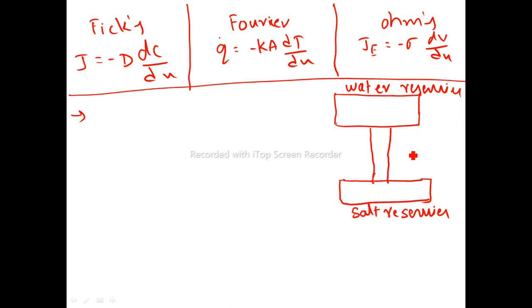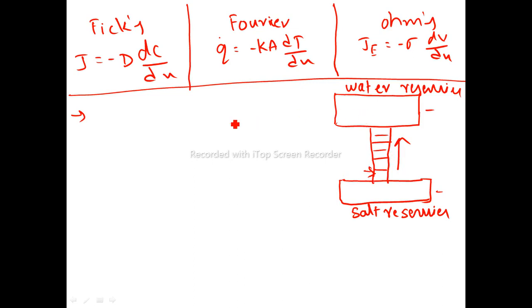So salt will diffuse from higher concentration to lower concentration. And when we divide a small part of this column, the salt concentration remains the same at any time.